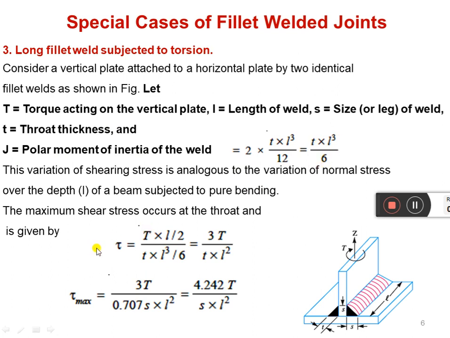So the maximum shear stress tau is equal to T into L by 2 divided by t into L cube divided by 6, which is equal to 3T divided by t into L square. So tau max we can find, that is 3T divided by 0.707 S into L square, which is equal to 4.242 T divided by S into L square.